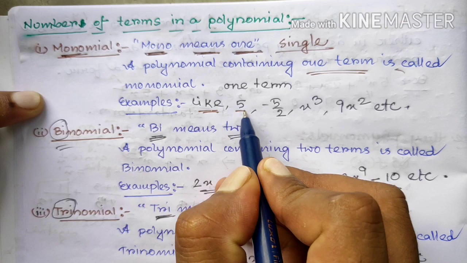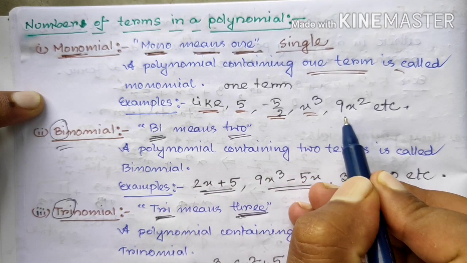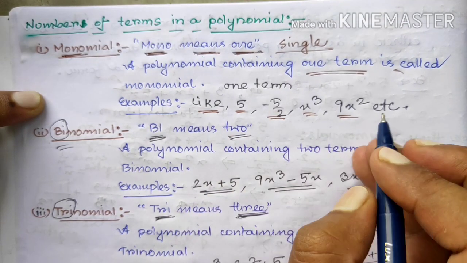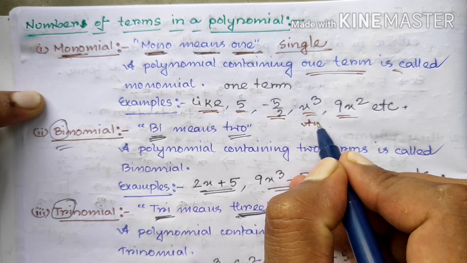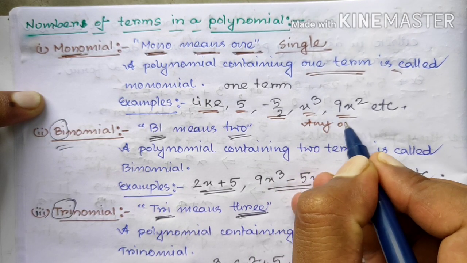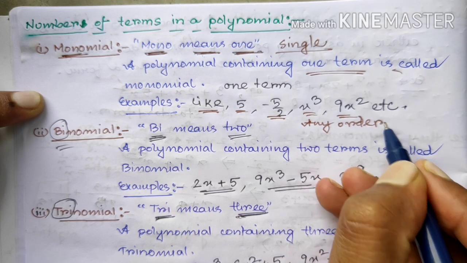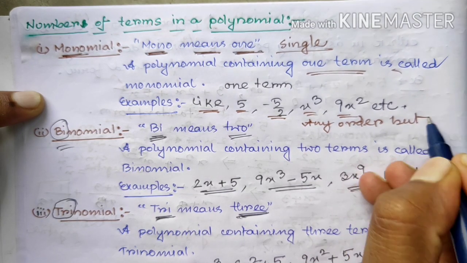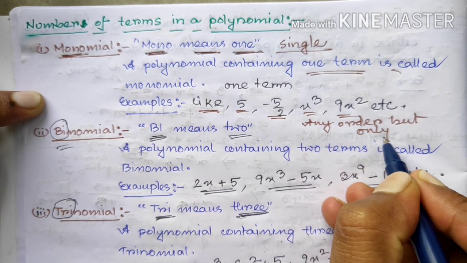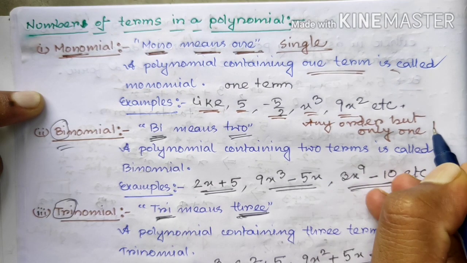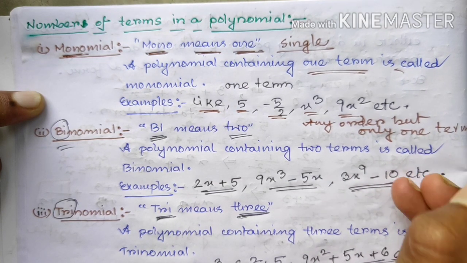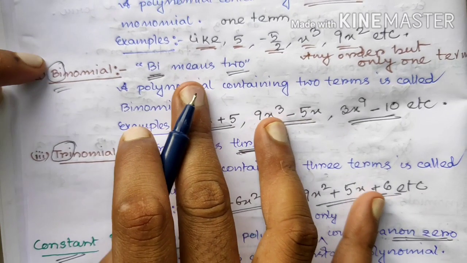For example, 5, -5/2, x cube, 9x square, etc. The important thing about a monomial is any order but only one term.